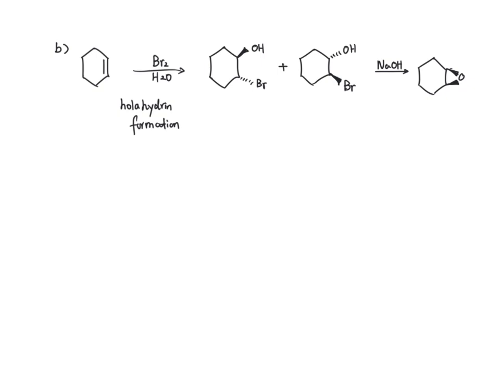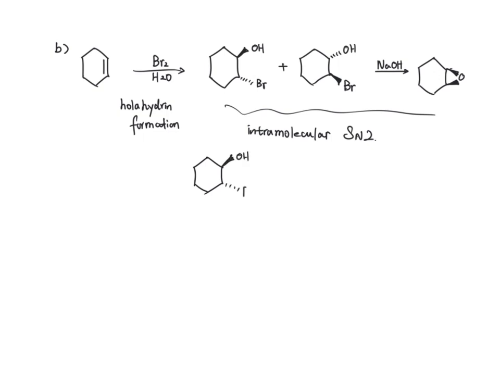What I want to talk about is the reaction mechanism of the second step. Basically, it's an intramolecular SN2 reaction mechanism. I'm just going to take one of these enantiomers, and you have OH and Br right here, and you introduce a strong base.